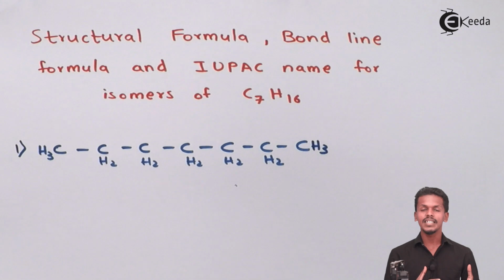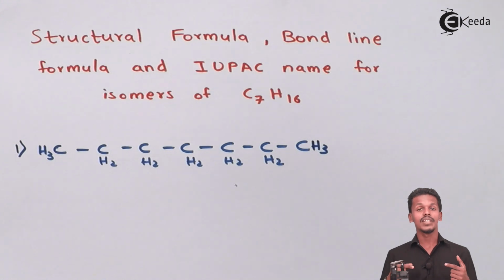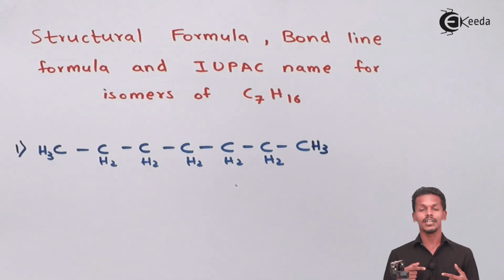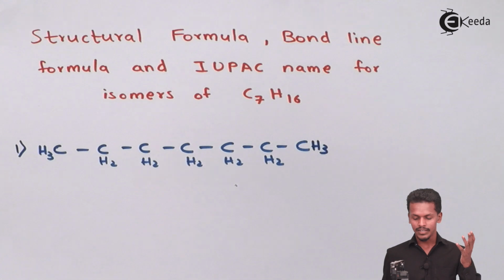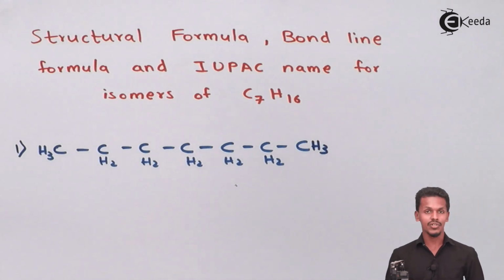So it is represented in the form of zigzag lines, in which the origin point represents a primary carbon atom, while an intersection where two lines meet is considered CH2, known as methylene. If 3 lines originate from a point, that would be CH, and if 4 lines originate from a particular point, then that would be carbon only. So it is very easy to understand what the bond line formula of the structure that we have drawn would be.